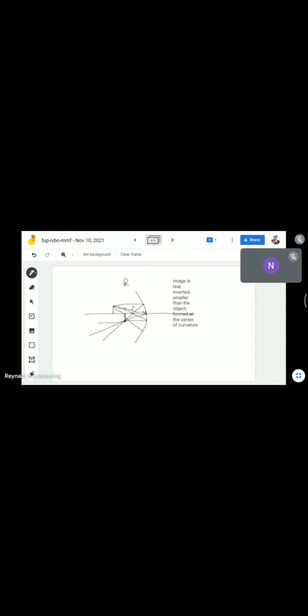So yun ang ating, nandun pa lang tayo sa concave, meron pa tayong convex. Yung explanation, kayo po ang magbibigay. So, halimbawa, pinatrace ko yung image sa inyo. Well, actually, meron kayo activity na ganito. Isusulat nyo yung description.